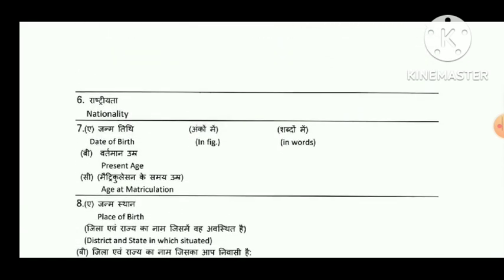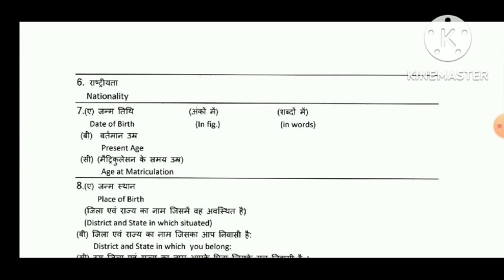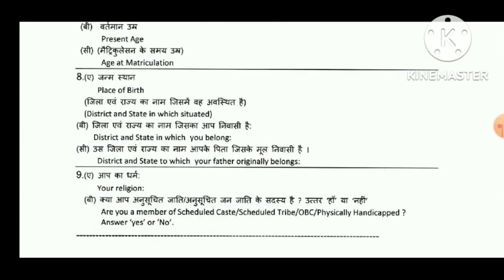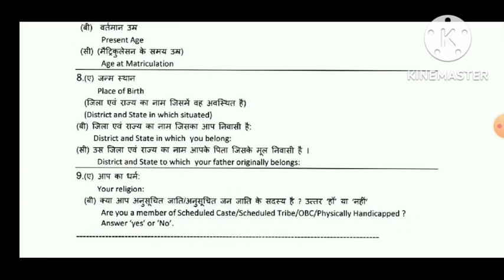The sixth one is nationality, date of birth in figures and in words, present age, age at matriculation. Then you have to mention the place of birth, the district and the state in which it is situated, the district and state to which you belong, and the district and state to which your father originally belongs.